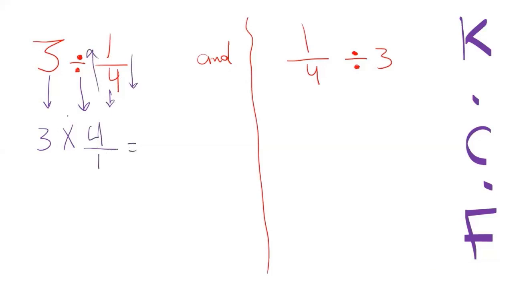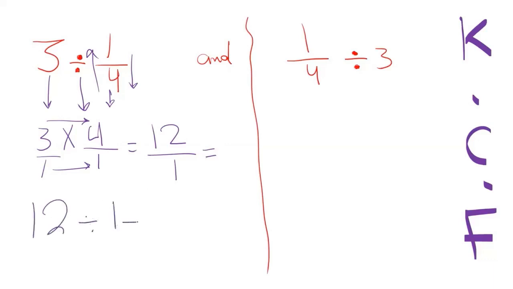After that, multiply numerator by numerator and denominator by denominator. Here is an invisible 1, not written. 4 times 3 equals 12. 1 times 1 equals 1. 12 over 1 means 12 divided by 1. So it will give me 12.